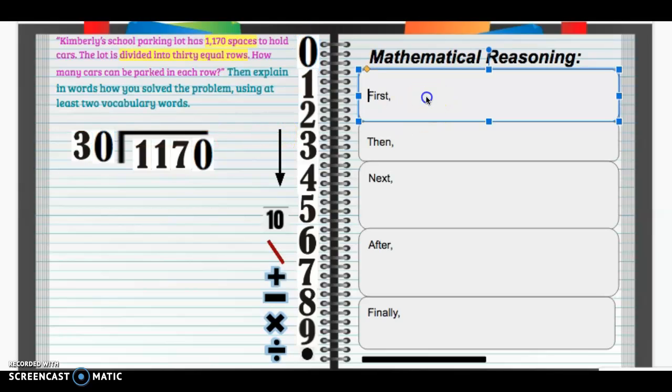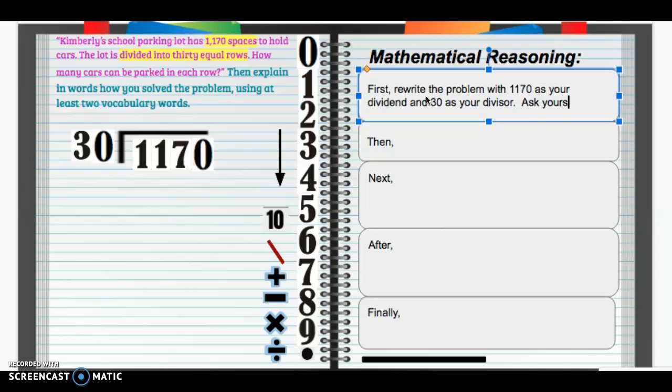Okay, so now we first rewrite the problem with 1,170 as your dividend and 30 as your divisor.